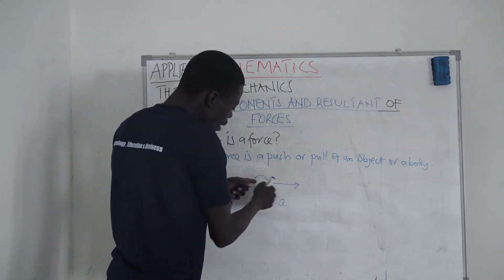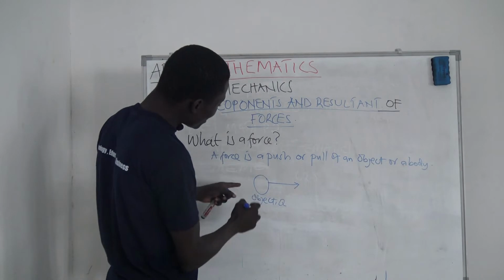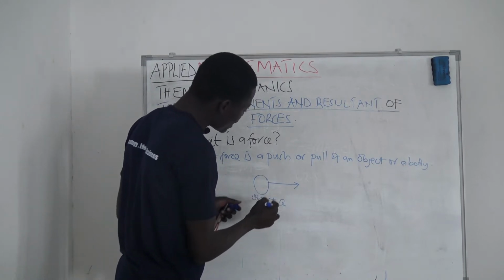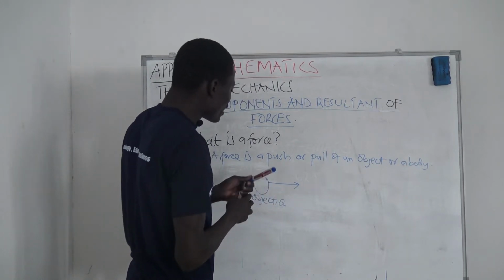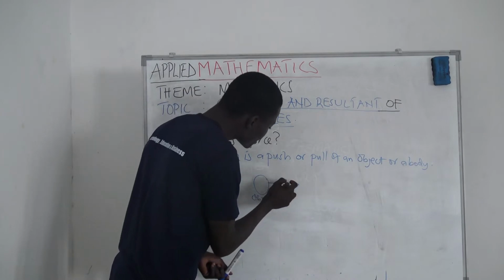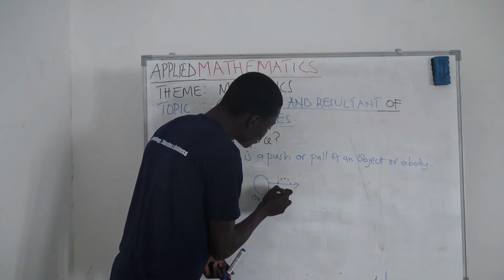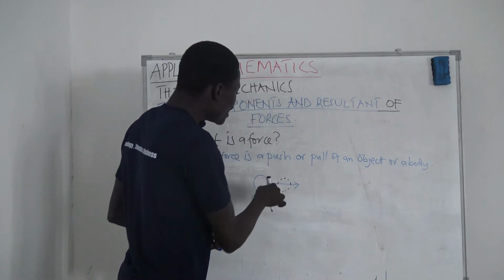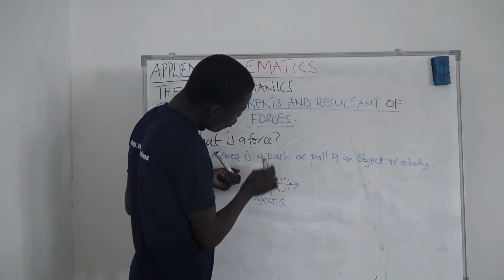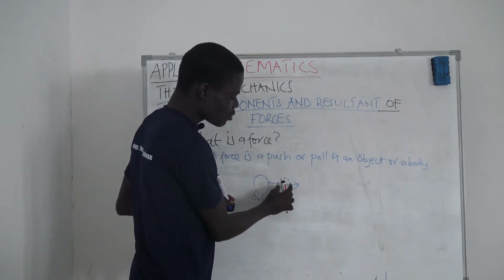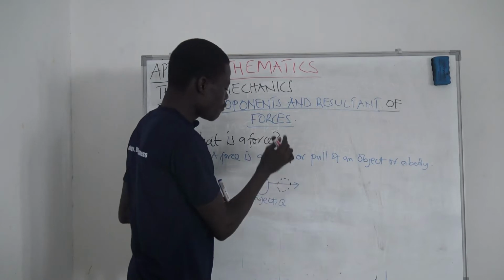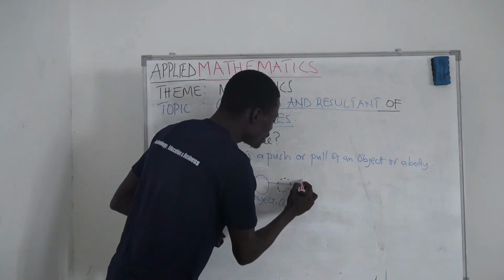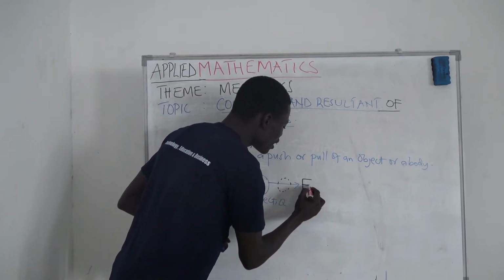After pulling it, it will be up to this distance. The energy you have used to move this object from this distance to this one is called force. Here we put it as capital F.